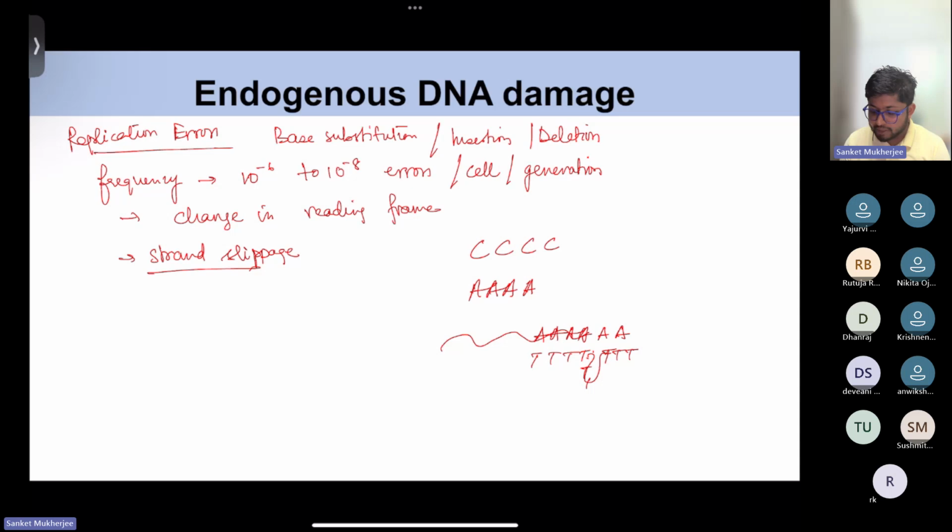So there are some extra thymines here, and the strand slips due to the slipping of the polymerase, and it is still continuing with the replication machinery. The replication is happening, but one of the strands has more T's than the other one. So this is how there could be insertion of bases, which can happen due to strand slipping, and there is looping out of one of these strands.